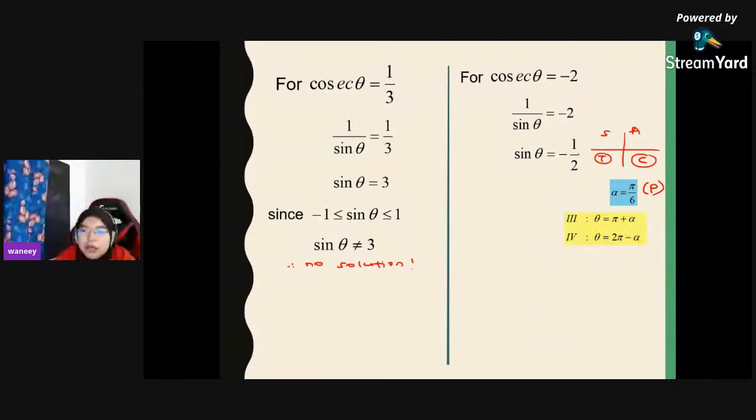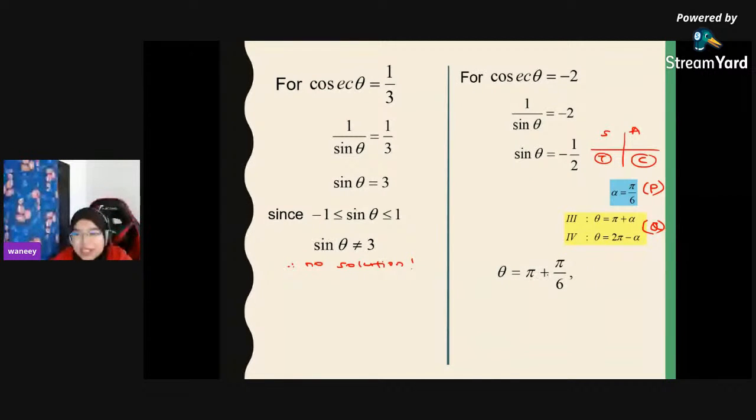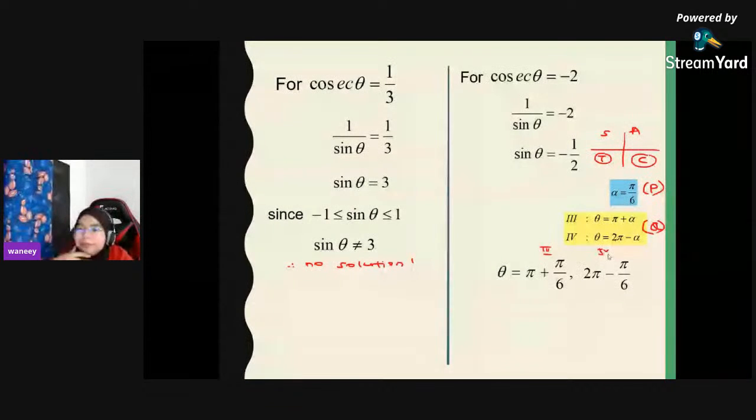So simply write down the formula for the third and the fourth quadrant, based on the quadrant. And then of course, we should write down what is theta. So the first one, theta is equal to pi plus pi over 6. That is in the third quadrant. In the fourth quadrant, it will be 2 pi minus pi over 6. So simplify them a little bit.